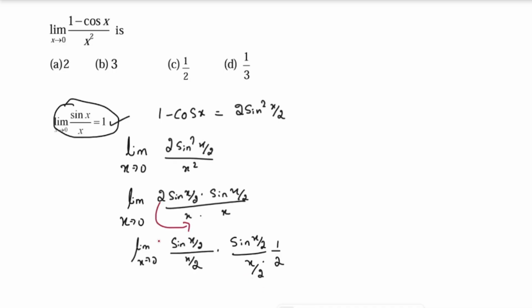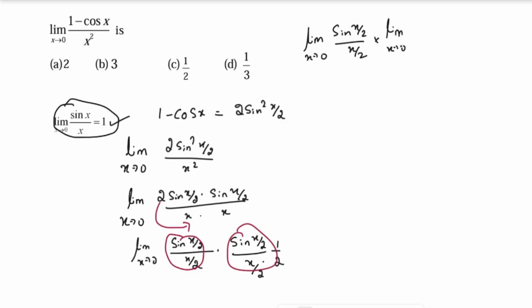Now we can share the limit between these two. So we end up getting limit x tends to 0, sine x by 2 by x by 2, into limit x tends to 0, sine x by 2 by x by 2, into 1 by 2.